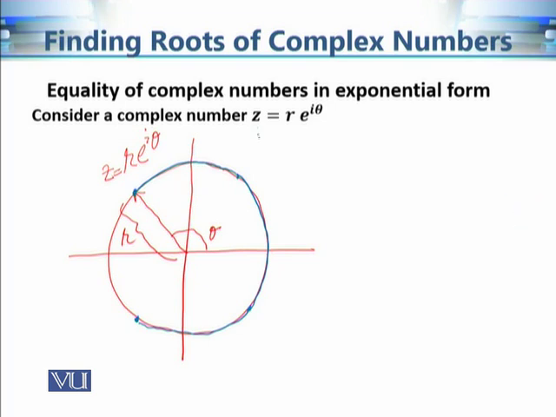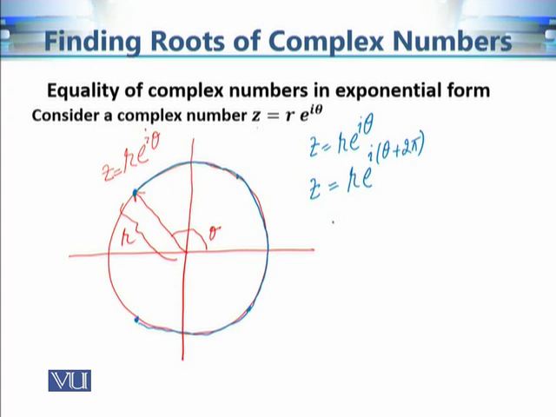So if I write z is equal to r e raised to power iota theta, then this complex number is the same as r e raised to power iota theta plus 2 pi. Similarly, if I take another round in the counterclockwise direction, I'll be reaching the same point again, and if I keep doing this, I will reach the same point again and again.